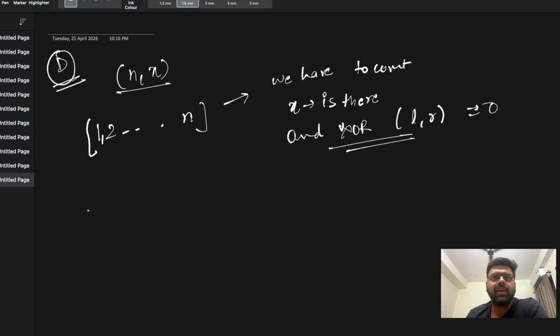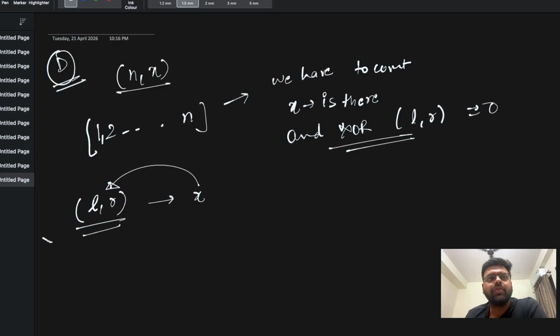Let's suppose I've taken any segment of this 1 to n, x should be a part of this segment, in this range, and the XOR of all of these elements should be 0.